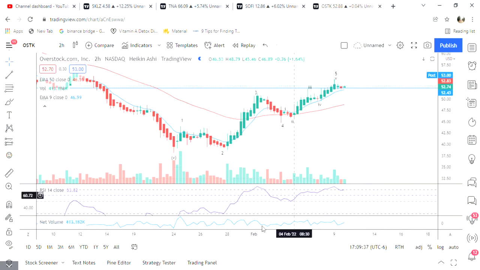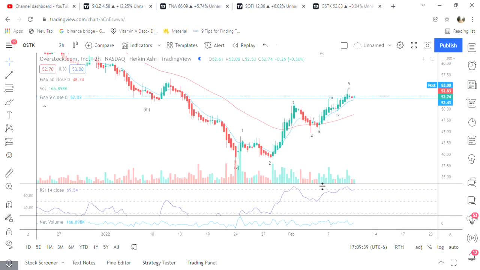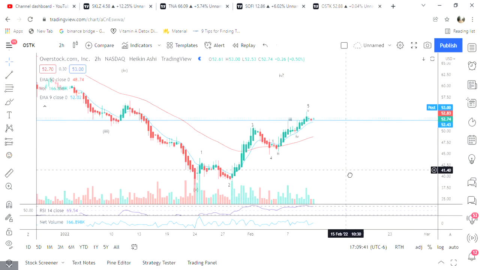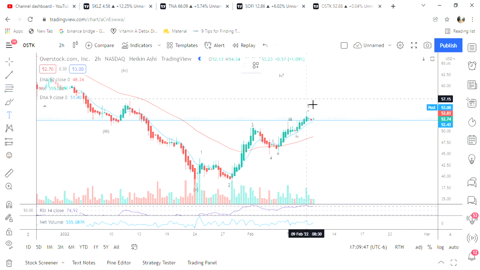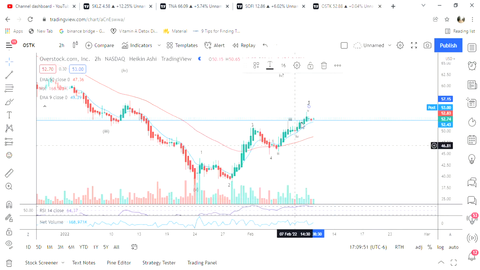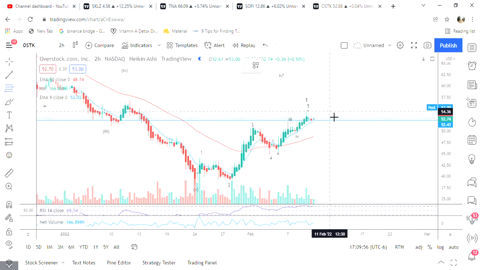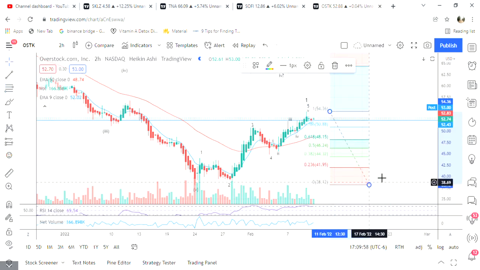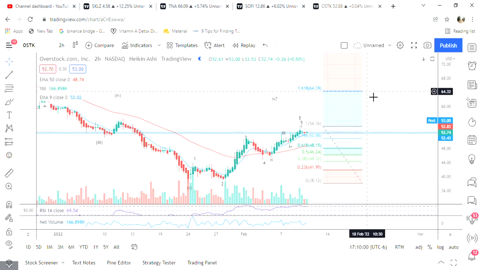And then after that, since that was the first overall wave, you could look at possibly going to 46, and then the next move could take it all the way up to $64.